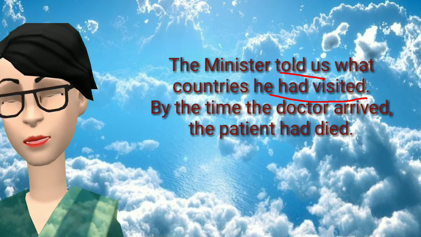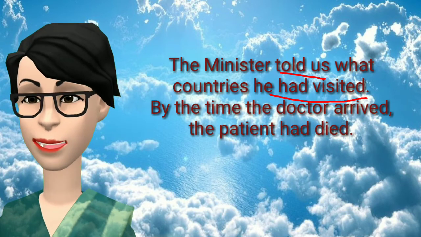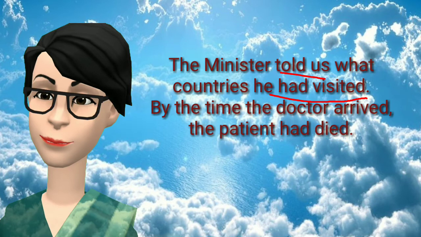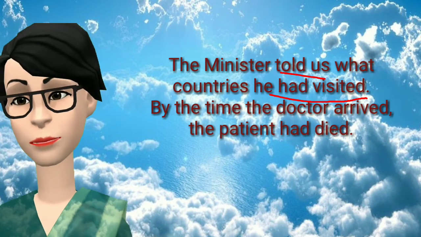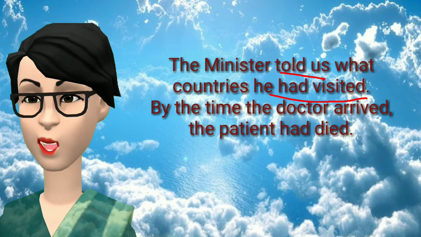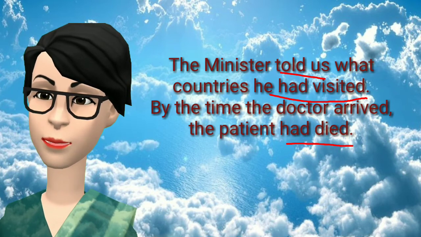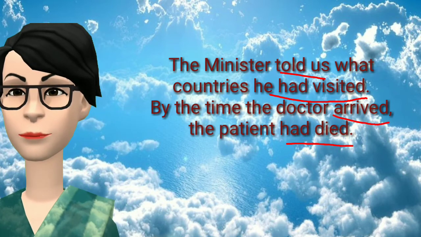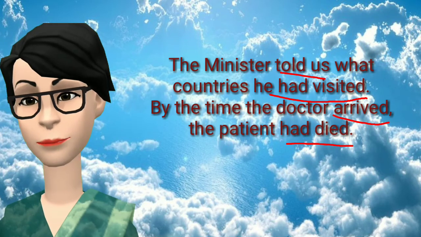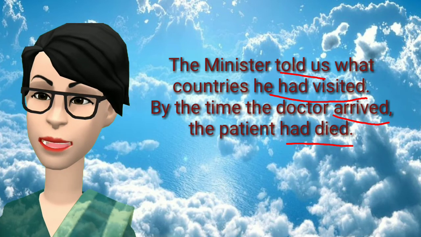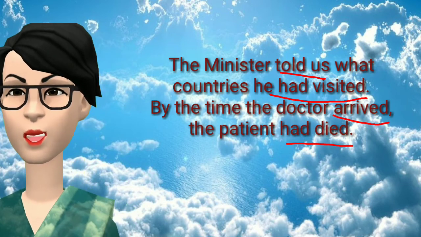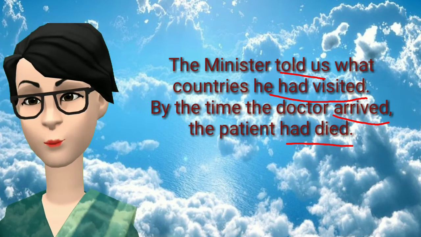Visited is an earlier action than told. The same is the case with sentence 2. Died is an earlier action than arrived. If there are two past actions, we use the earlier of the two in the past perfect tense.